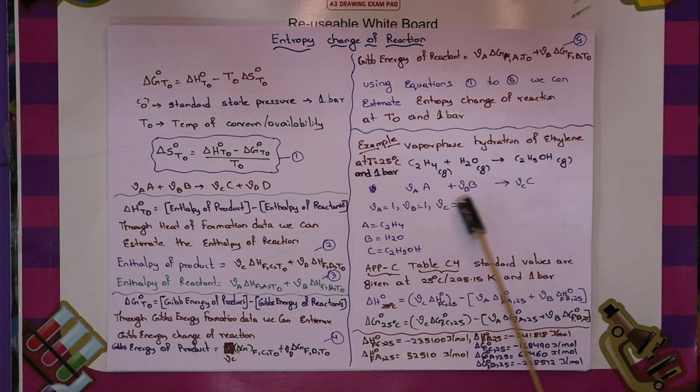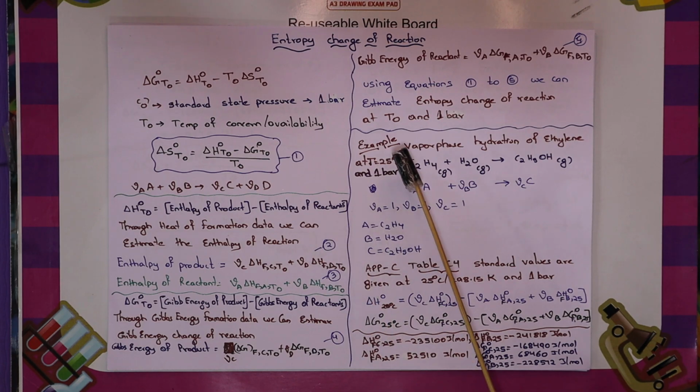If you convert this in terms of a simple stoichiometry, nu A times A plus nu B times B gives rise to nu C times C. Here A is ethylene, B is water and C is ethyl alcohol. The stoichiometry coefficient of A is 1 because it is 1 mole of ethylene. The coefficient of B, water, is 1. The coefficient of C, ethyl alcohol, is 1.